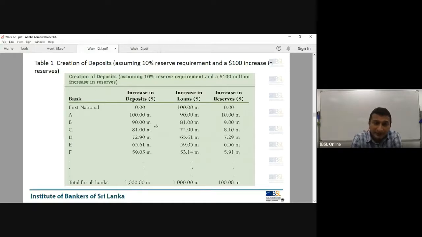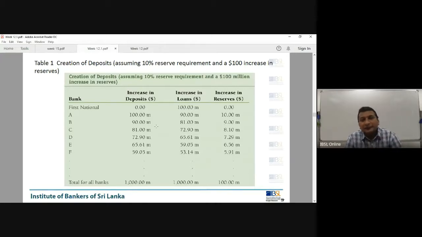So what you are basically seeing is, when you have a 100 deposit, you are required to keep only 10. The balance 90, until such time as a depositor takes it out in the form of currency in circulation, you can loan to another participant.